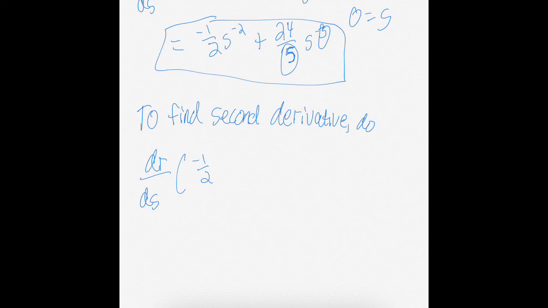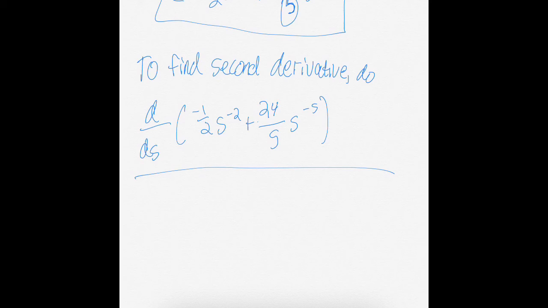So you want to do d/ds of minus 1/2 s to the minus 2 plus 24 over 5 s to the minus 5. And then you'll be good. All right, we have two more that I would like to go ahead and knock out in this video.